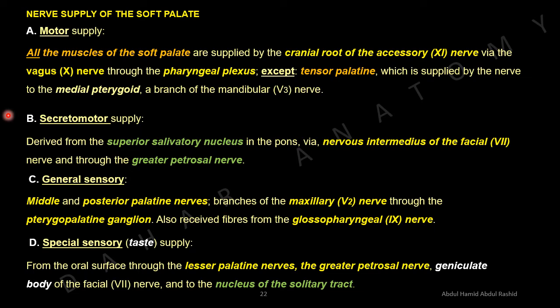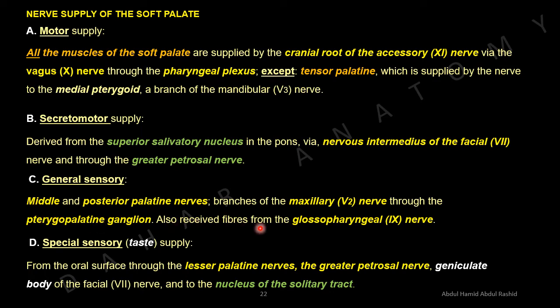B. Secretomotor nerve supply. It is derived from the superior salivatory nucleus in the pons, comes via nervus intermedius of the facial nerve and through the greater petrosal nerve. C. General sensory. Middle and posterior palatine nerves, which are branches of the maxillary nerve, through the pterygopalatine ganglion.